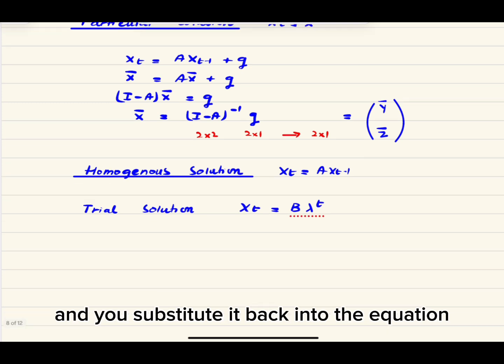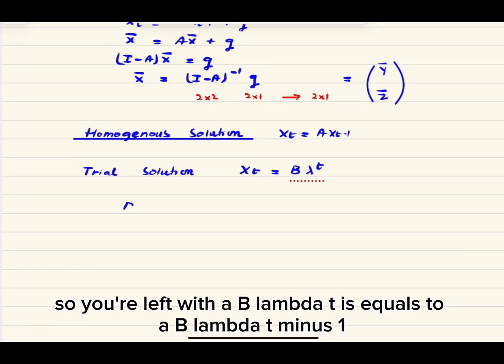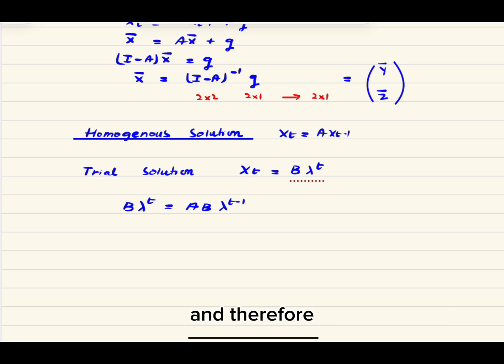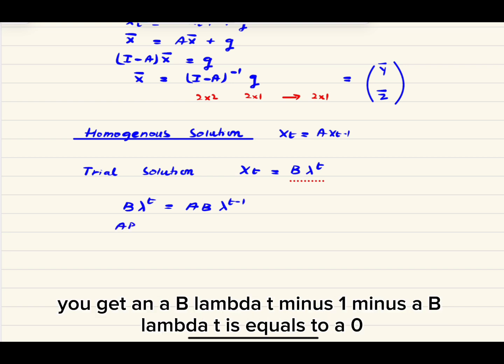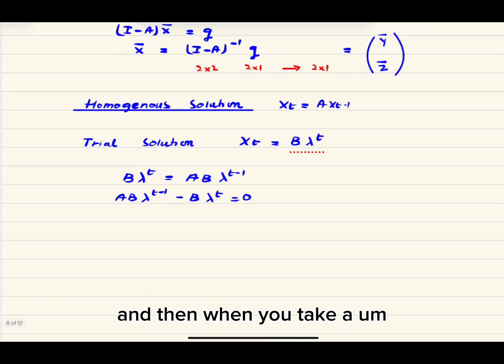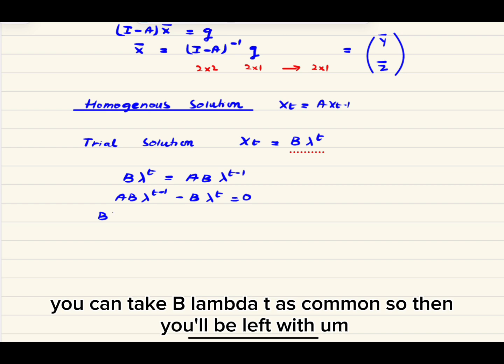substitute it back into the equation, so you're left with A b lambda^t equals A b lambda^{t-1}, and therefore you get A b lambda^{t-1} minus b lambda^t equals 0. Then you can take b lambda^t as common.